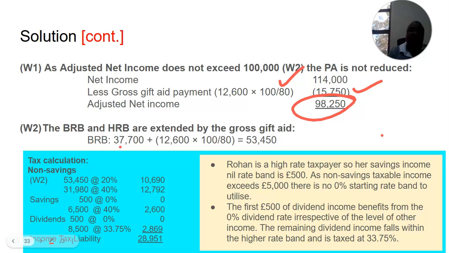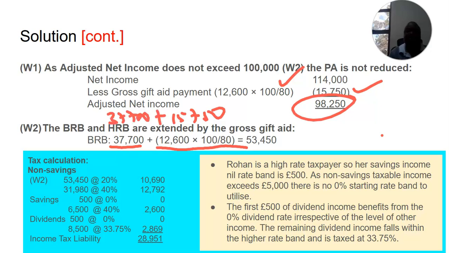So obviously we know that the basic rate band ends at 37,700, but it can be extended by the gross amount of the Gift Aid, which was 15,750. So if you add 37,700 and 15,750, you are going to arrive at this amount.